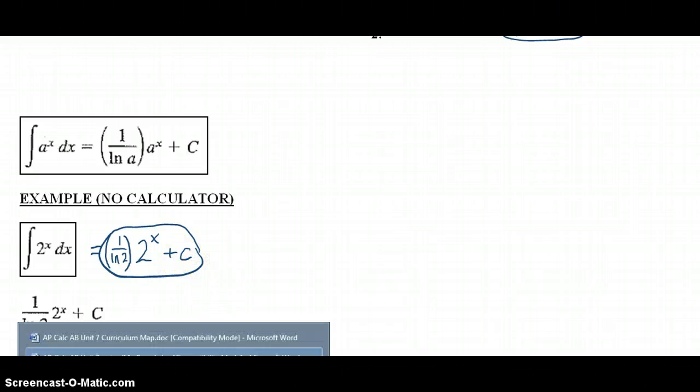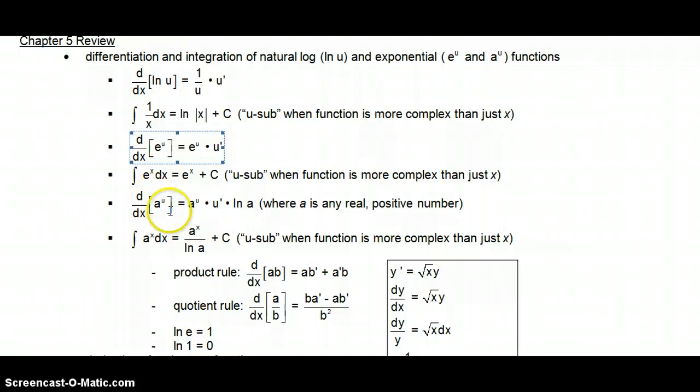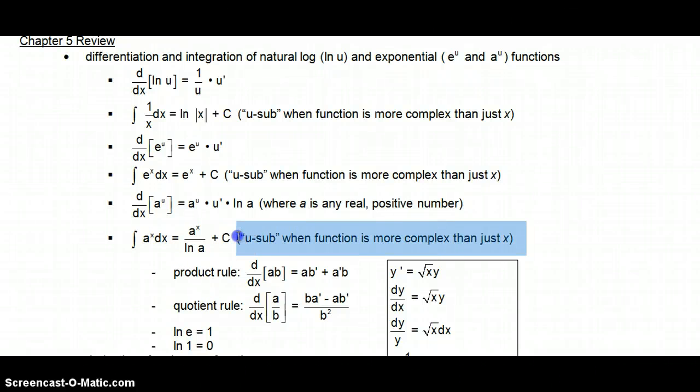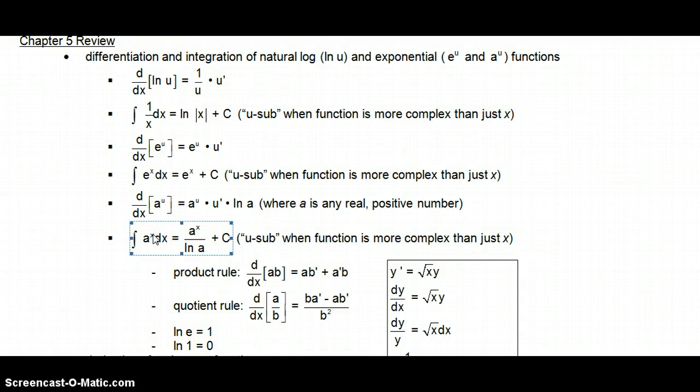And you can see the scanned in answer has the same thing there. This rule is highlighted on the Unit 7 curriculum map right here. And if you did have a function that was more complex than just x, you would have to use a u sub for whatever was raised to the power as well. Again, that's somewhat rare. This is one of the less used integral rules, but it is one that we will see from time to time.